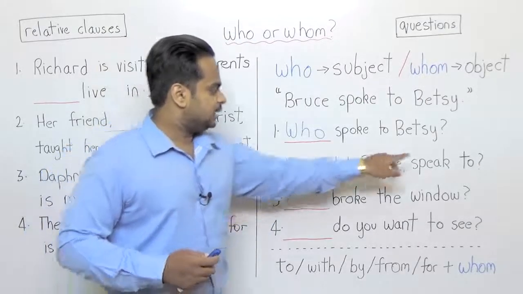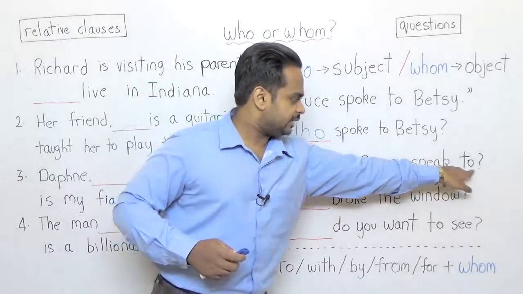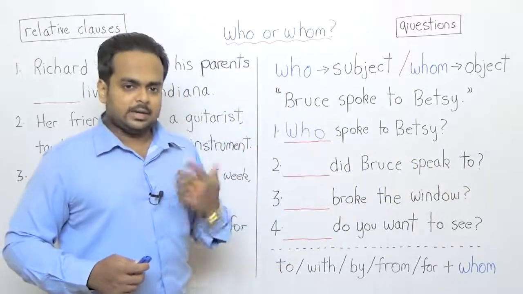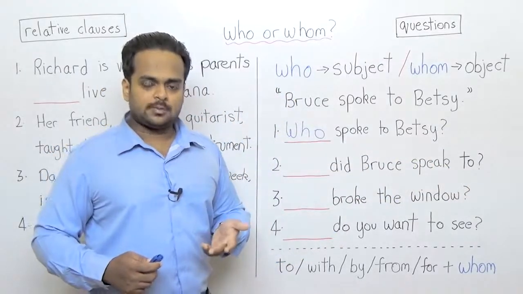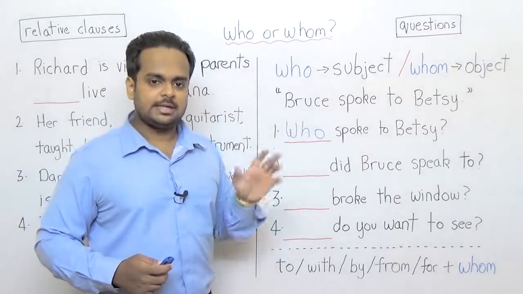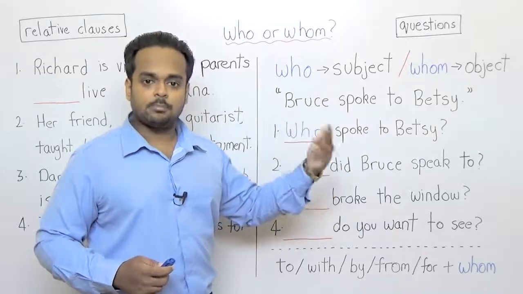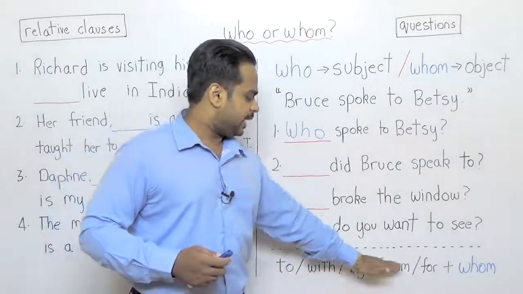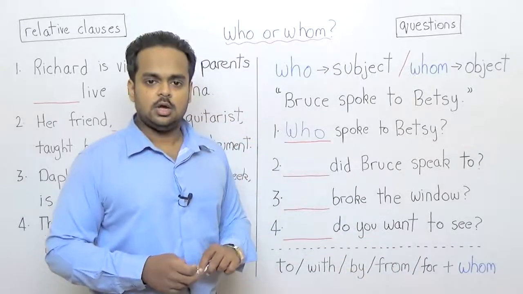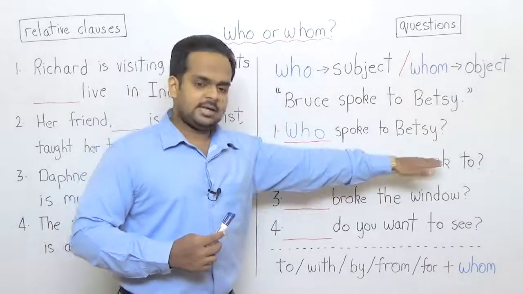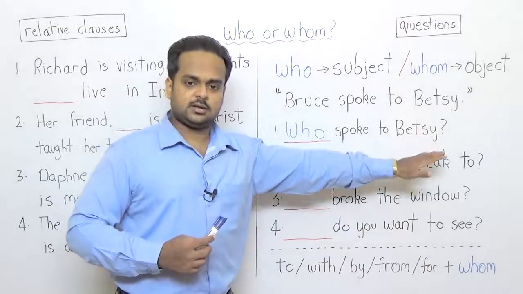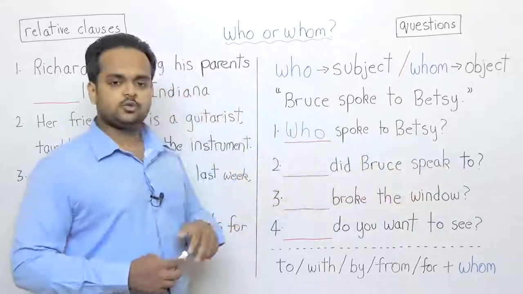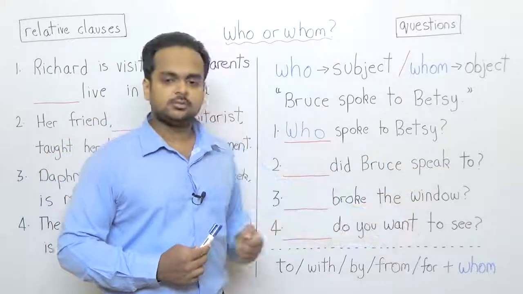Before I write whom, just notice that there's a "to" at the end of this question. Now in English, we have a rule that we don't usually end a question with a preposition like "to". These are all prepositions: to, with, by, from, for, etc. So if you have a preposition at the end of the question, you have to bring that to the beginning before you write whom.